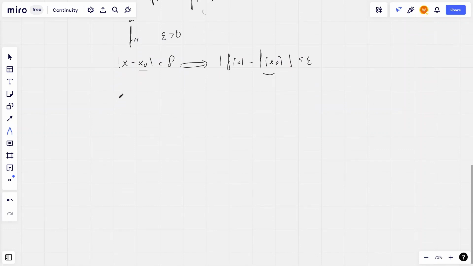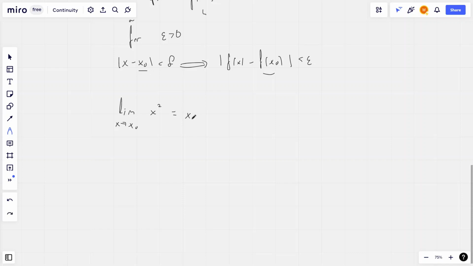So to give an example, let's say we have the limit as x goes to x naught of x squared. This way we're proving continuity for a general point. What do we want this to be equal to? We want it to be equal to x naught squared, because this is what we get when we plug x naught into our function.